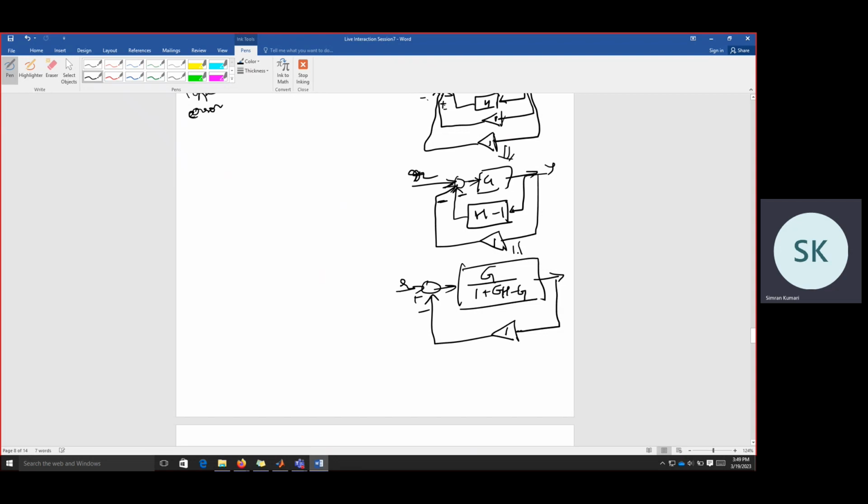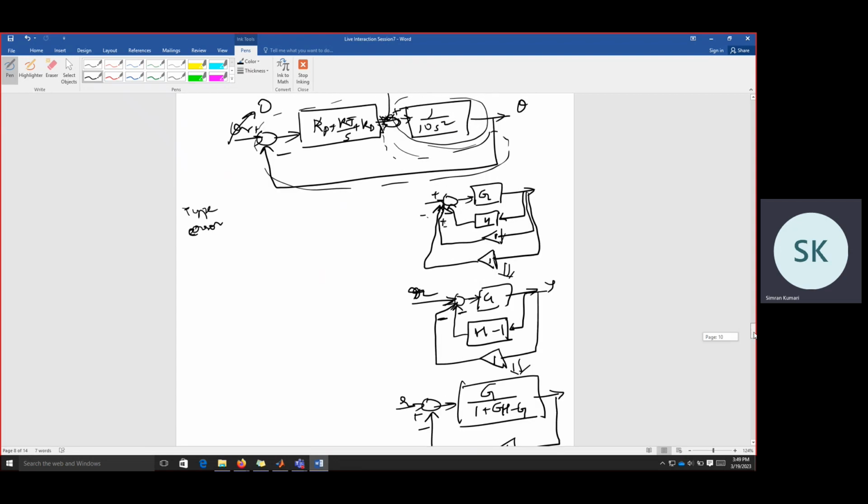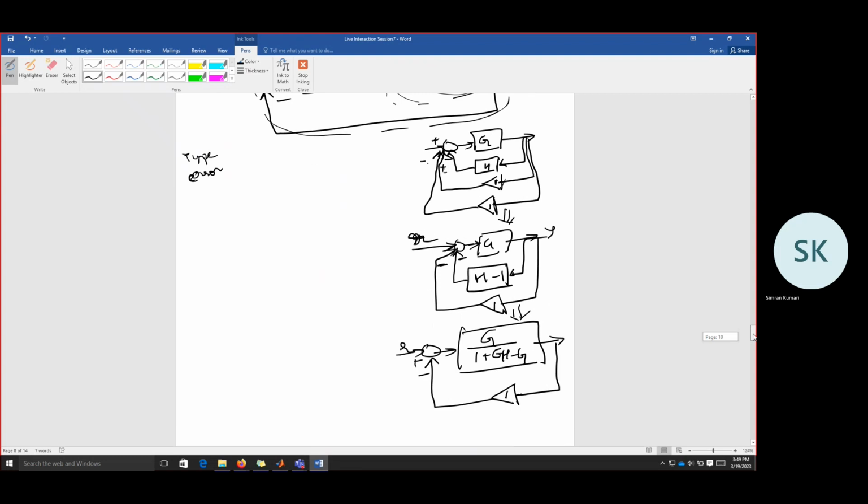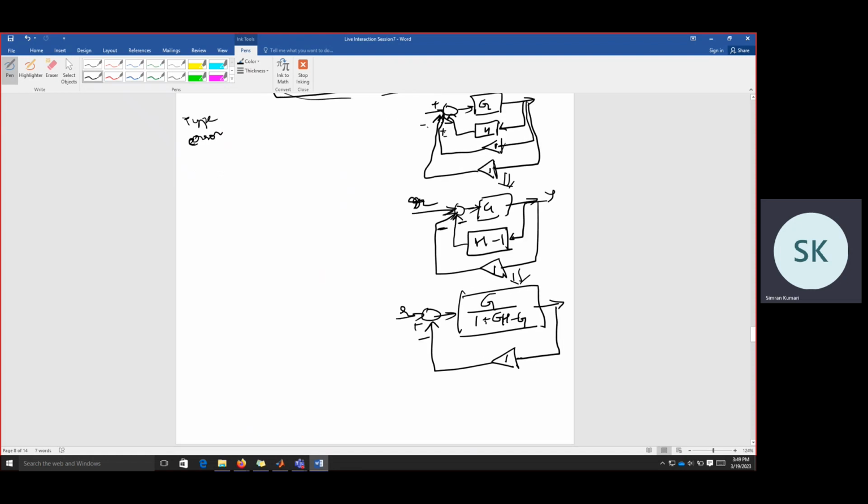So what we have done, we have a non-unity feedback system, and we have converted it to unity feedback system to apply the concept that we have learned in lectures, we have understood in lectures.